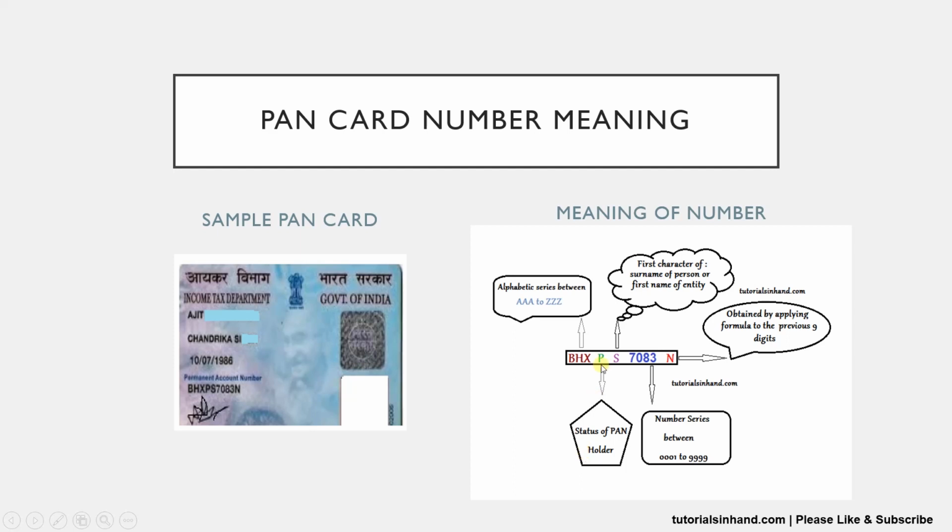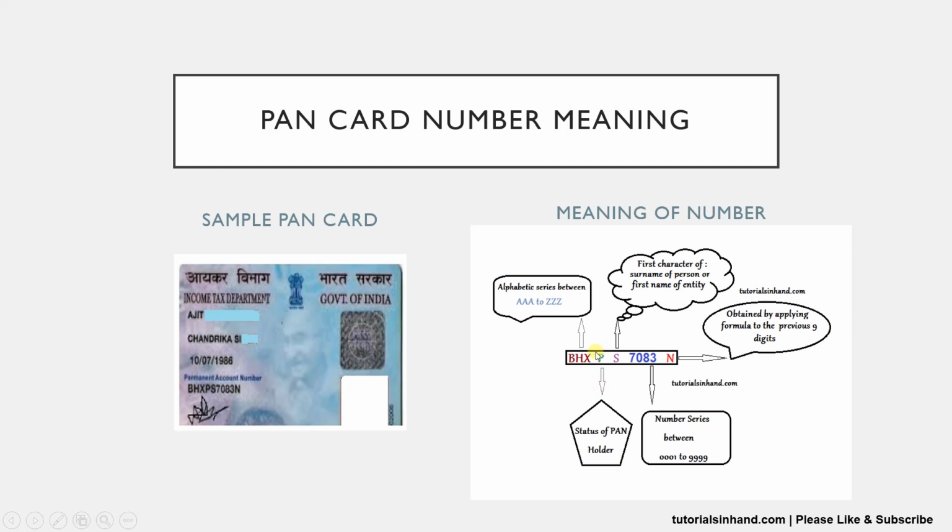That means whether it is issued to the person or it is issued to the company or it is issued to firm or Hindu undivided family, or number of other options are also available, which we will see in next few seconds.